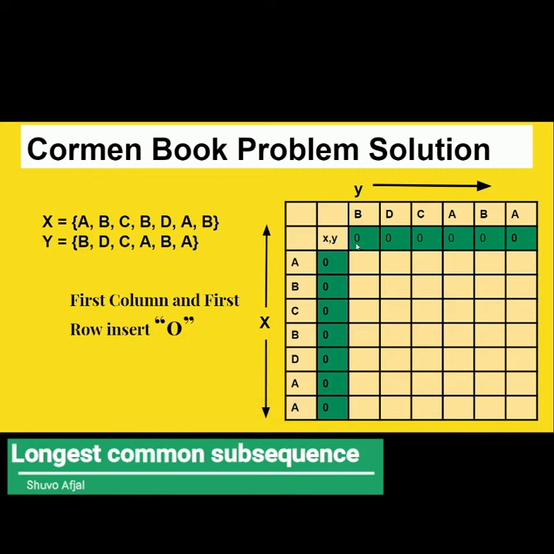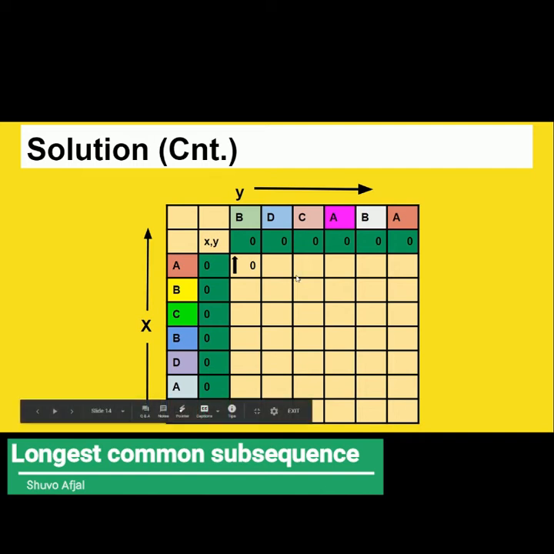First we have to insert a 0 in this row, and we have to add 0 in this column. Now first I will show you one step of how to calculate this. Compare A and B. A and B are not equal, then compare 0 and 0. 0 and 0 are equal. If equal, replace the value from upper.